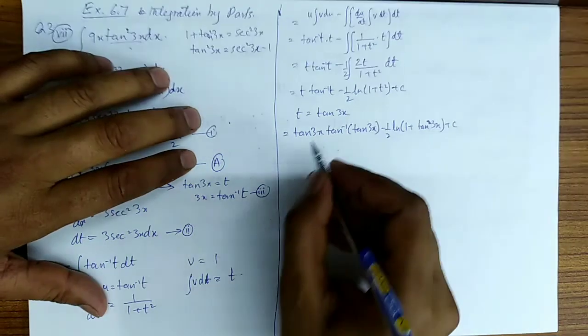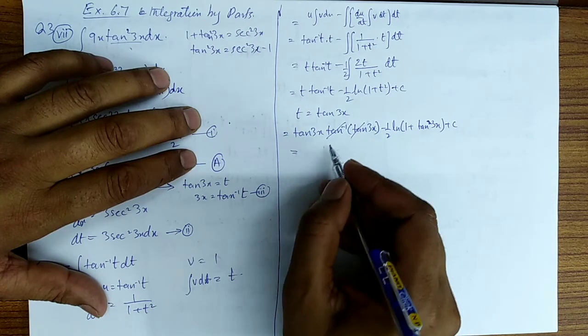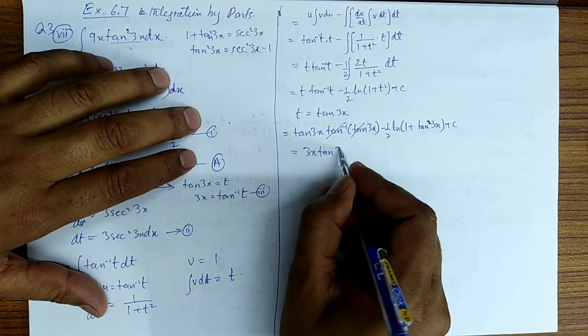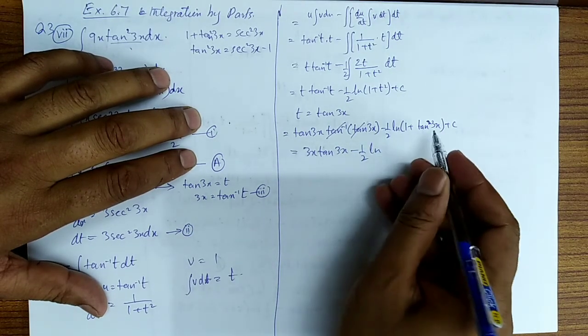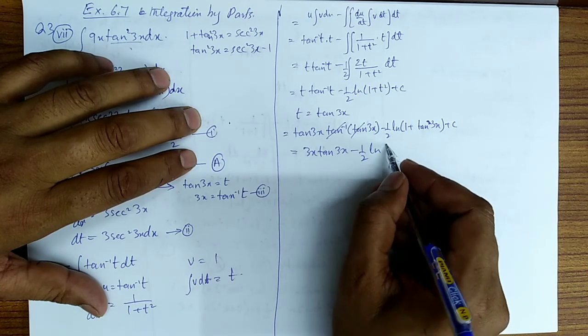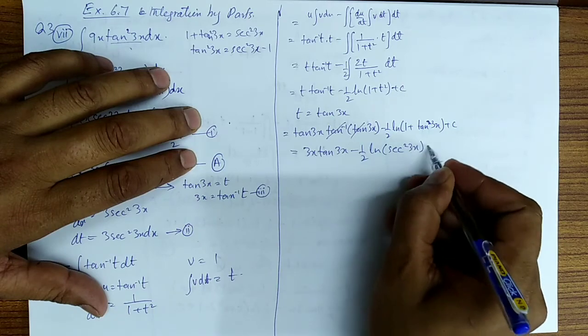So this tan inverse and tan will cancel out, and we are left with 3x tan 3x minus 1 upon 2 ln 1 plus tan square 3x, that is ln sec square 3x, plus c.